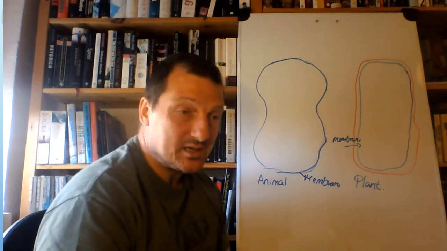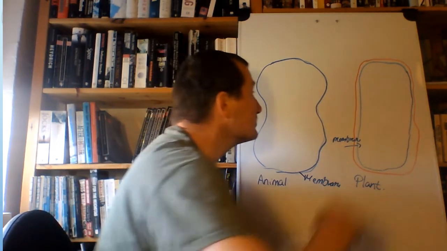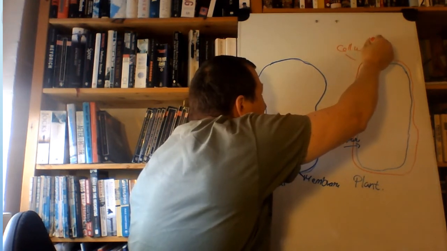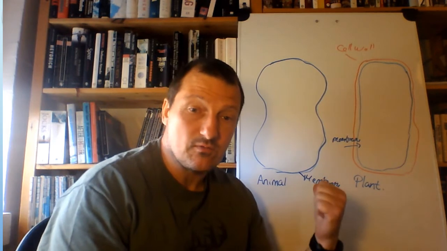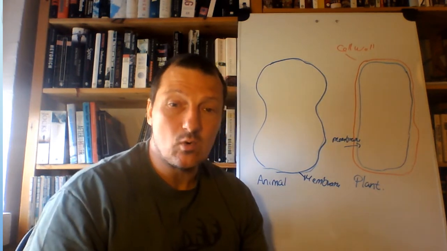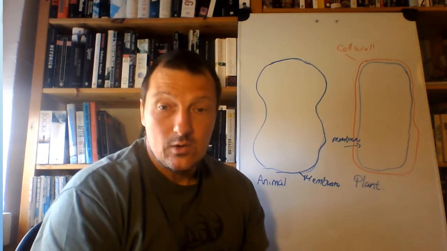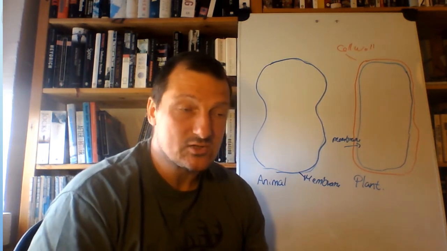But if you see here on our plant cell, we also have something else. The cell wall. The cell wall is a rigid structure they don't find in animals, and the cell wall is there to keep the plant cell rigid. It also helps if cells keep bursting, and it is what gives structural integrity.